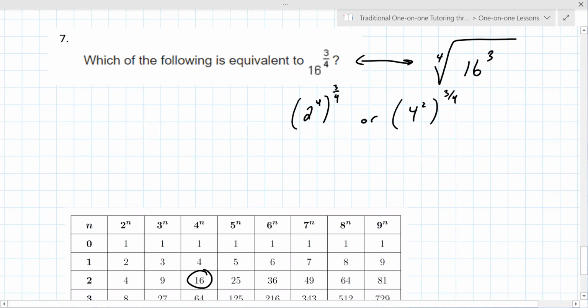Again, you're going to multiply the exponents. In the first one here, it's 4 over 1 times 3 over 4. That's nice because the 4's cancel and you get 4 to the power of 3. On the right here, it becomes 2 over 1 times 3 over 4. And that's not as nice because you end up getting 3 halves.